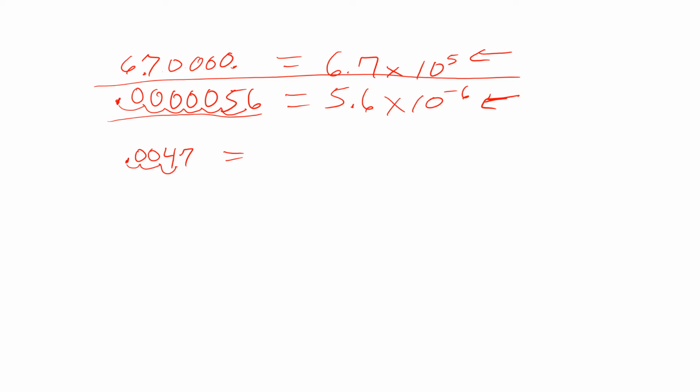I want 1 number in front of the decimal, so 4.7 times 10 to the -3rd. 0.000033 is going to be 3.3 times 10 to the, 1, 2, 3, 4, 5 to the right, the -5th.